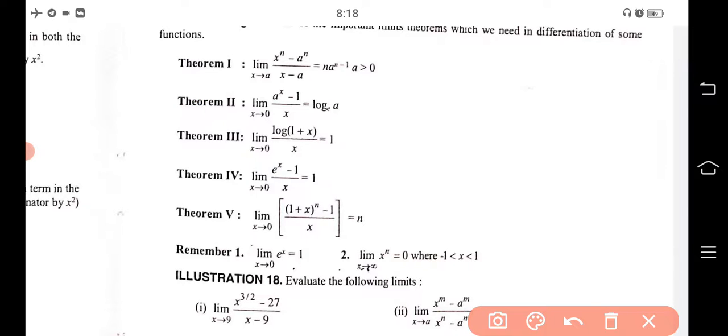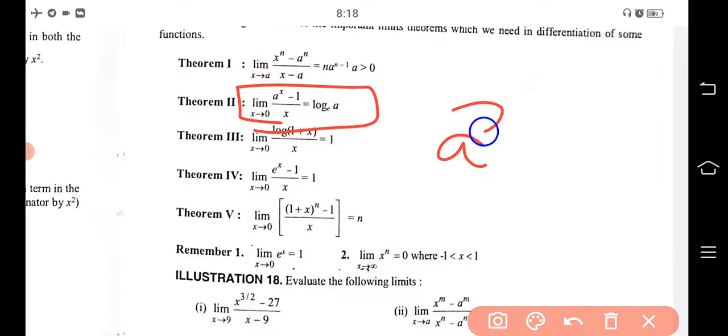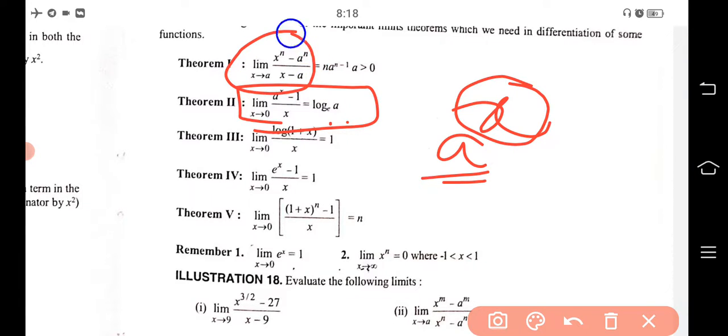According to the second theorem, if a term is given in the notation like the limit x tends to 0 of a to the power x, it means the base is a constant and the exponent is a variable. You remember this. Okay, and a to the power x minus 1 divided by x is equal to log base e of a. It means we have already calculated this limit, and the limit of this would be this.